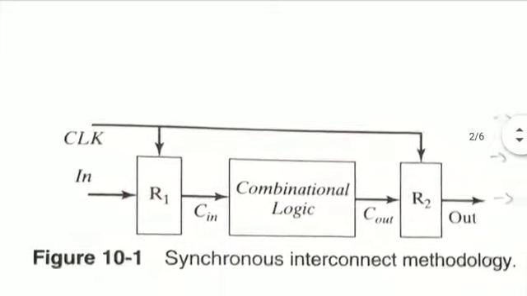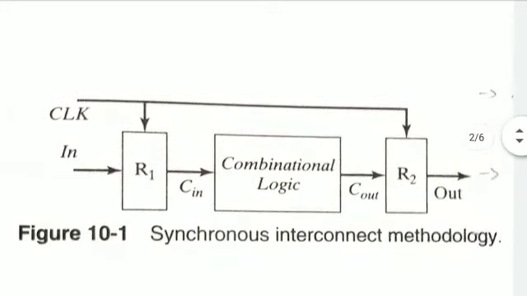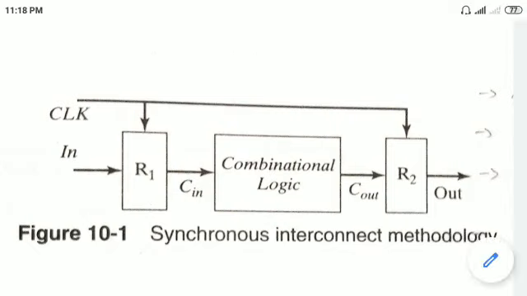Now, this is a block diagram, synchronous interconnect method. A synchronous signal is one that has exact same frequency as the clock and maintains a known fixed phase offset to that clock. In such a timing framework, the signal is synchronized.